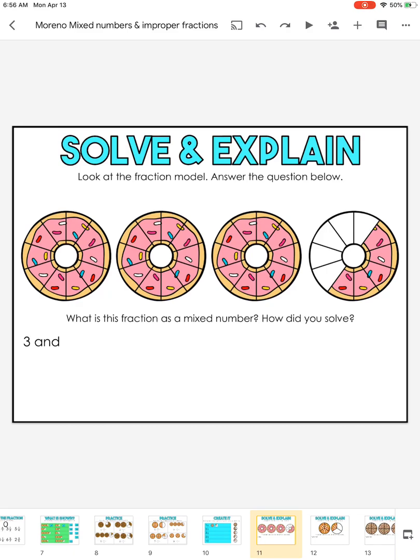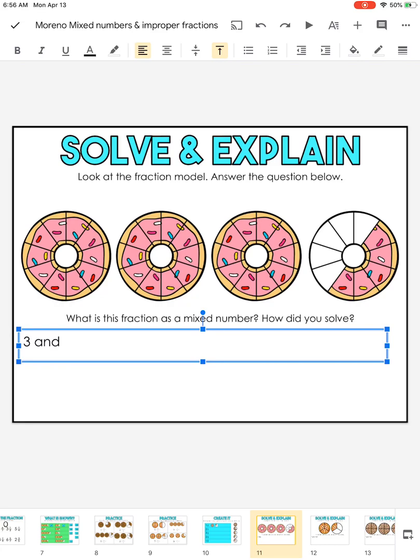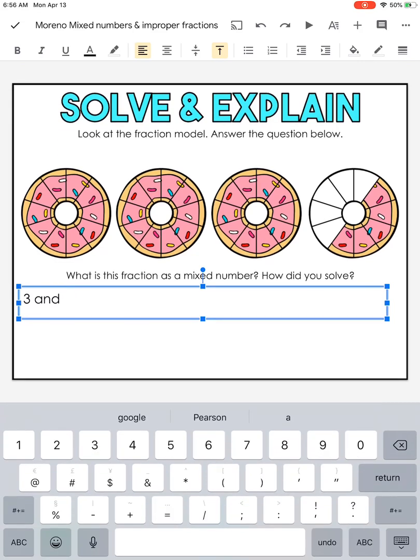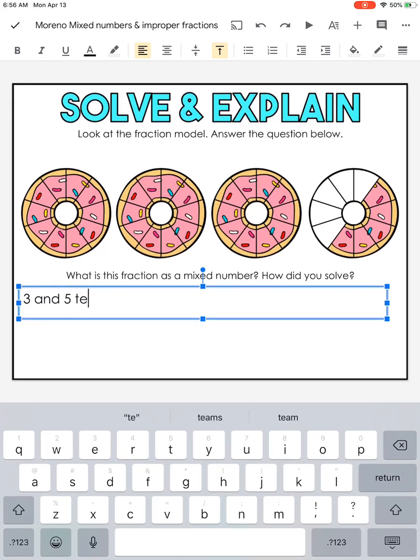So 10 total pieces, and how many bites are left? 1, 2, 3, 4, 5. So I'm going to say 3 and 5/10.